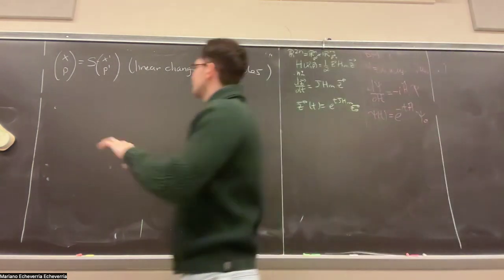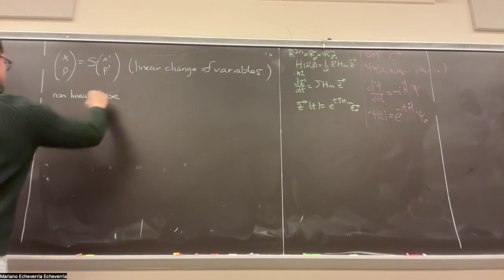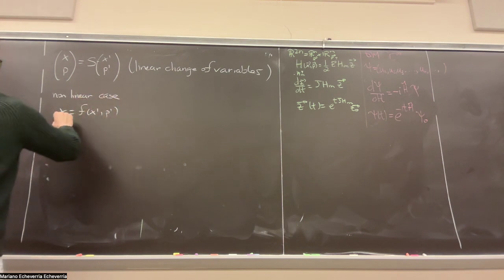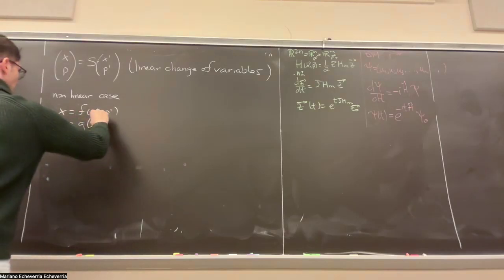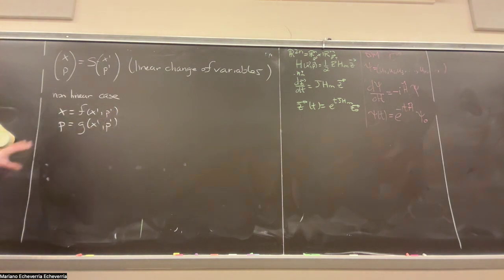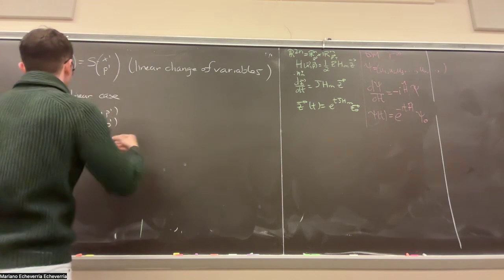So when x, p are just functions of x prime, p prime, in the nonlinear case, I'll write it like this. Now x, p are related to x prime, p prime by some functions.